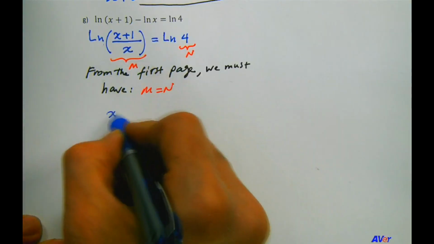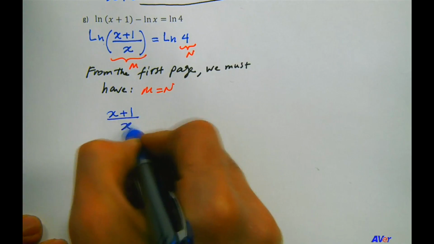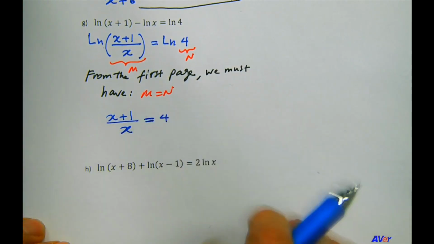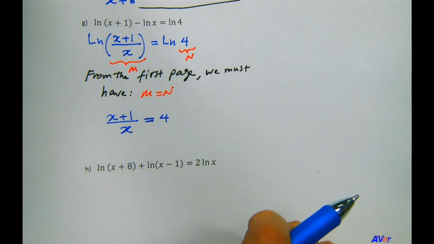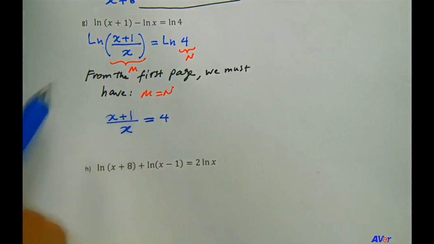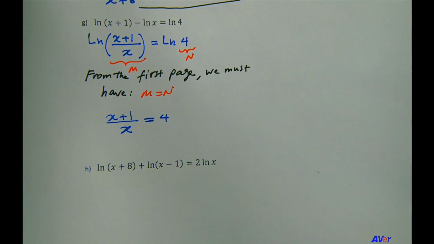M is x plus 1 divided by x equals 4, right? This is according to the property we have on the front page. So all of a sudden, using that property, this natural log equation turns into a rational equation. Do you see the transition? And we already know how to solve rational equations, right? We talked about them sections ago.